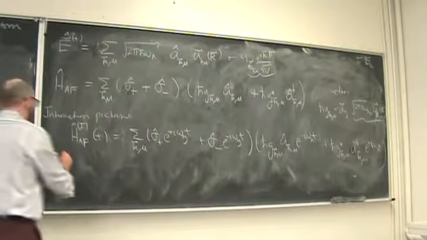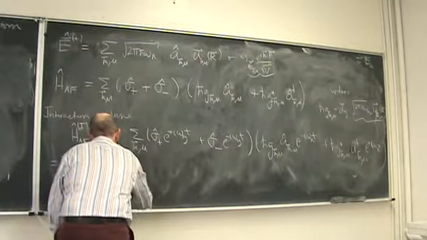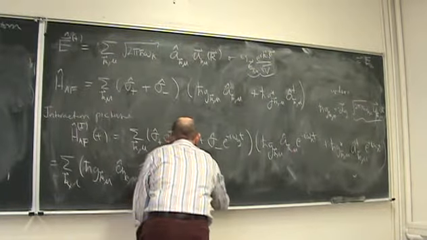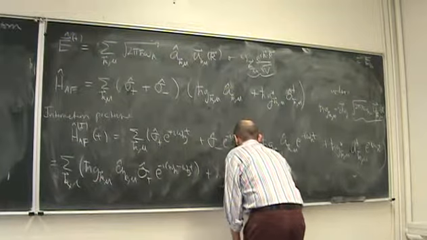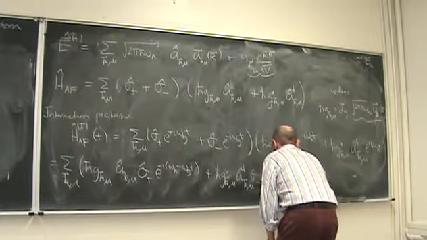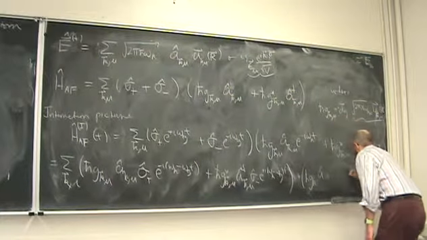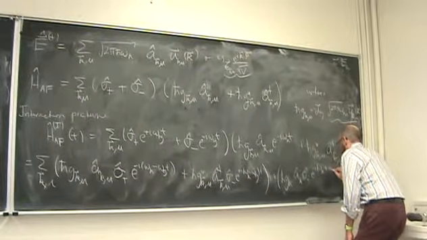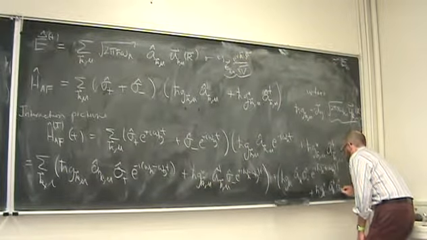So we will have terms that look like a sigma plus e to the minus i (omega_k minus omega_eg) t, plus a dagger sigma minus, and then terms a_k sigma minus e to the minus i (omega_k plus omega_eg) t, and a dagger sigma plus.